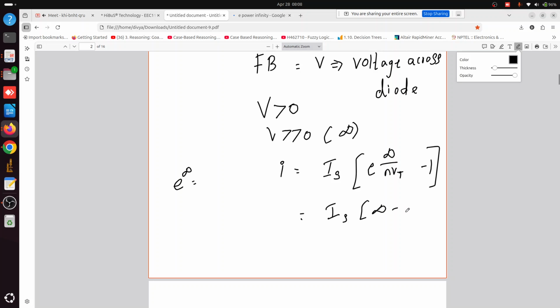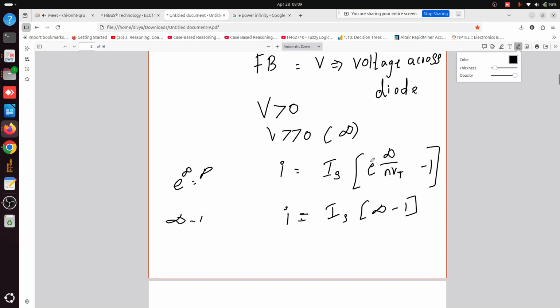Generally, what is the meaning of infinity? It's a very large value. So from a very large value, if you take minus 1, does it make any big difference? No, right?